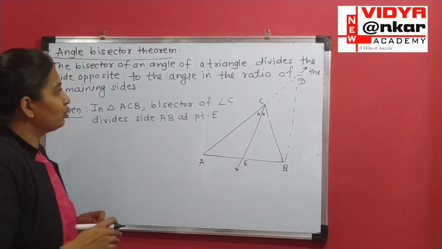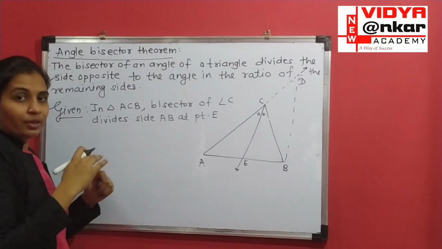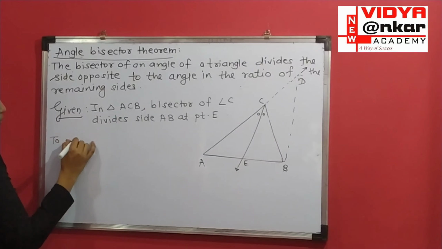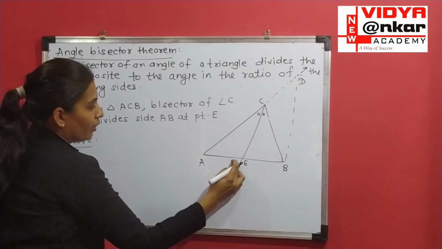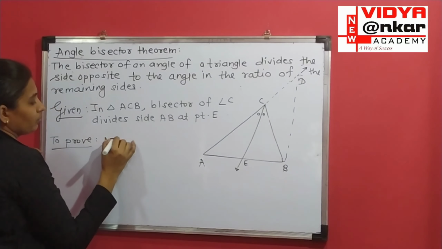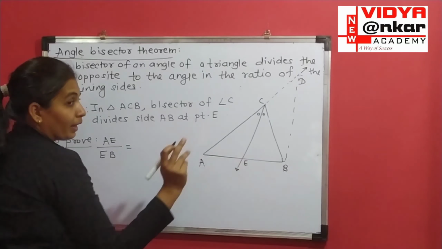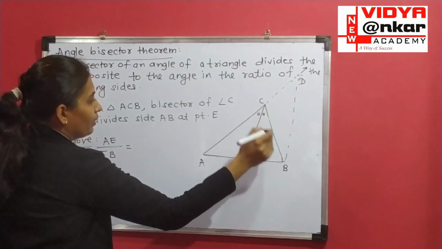Okay. Now students, to the angle in the ratio of the remaining sides. Ratio of remaining sides means what will be to prove? We have to prove that AE upon EB is equal to the remaining sides, and remaining sides are CA and CB.